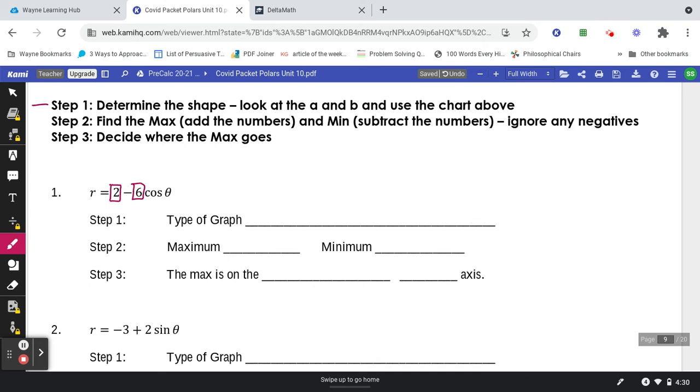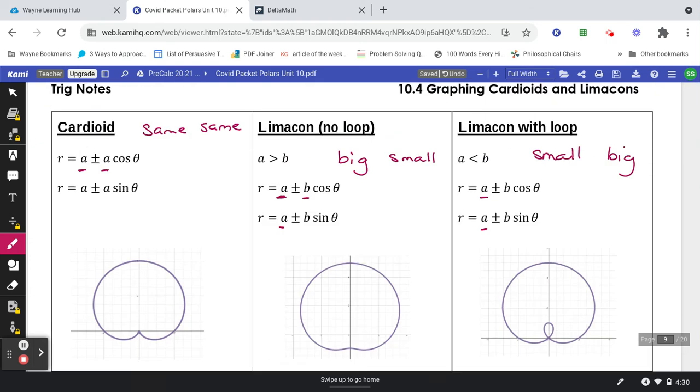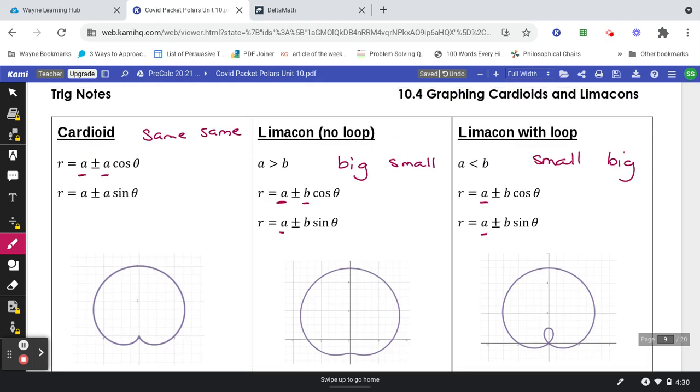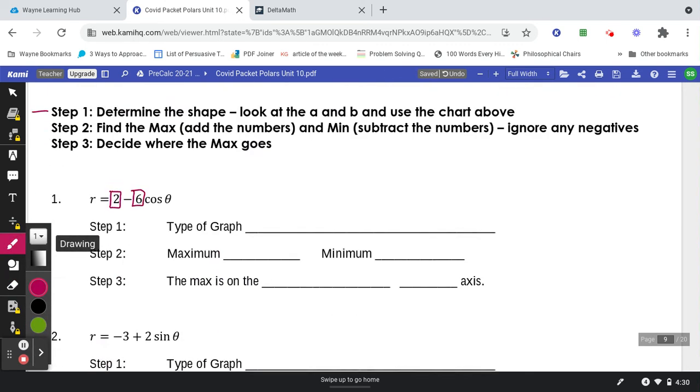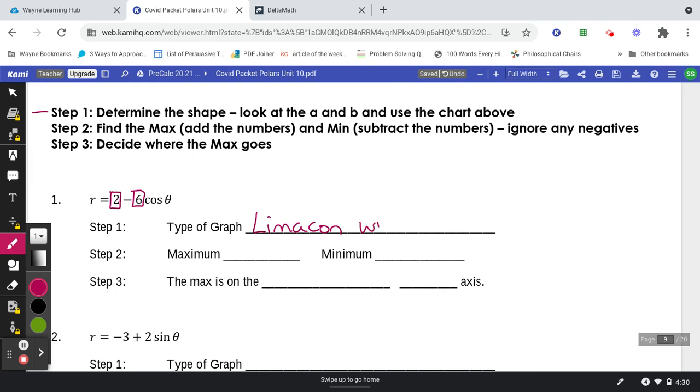So my smaller number is first and my bigger number is second. So small, big, that would fall into this category right here, limacon with a loop. Small number first, big number second. So limacon with a loop.